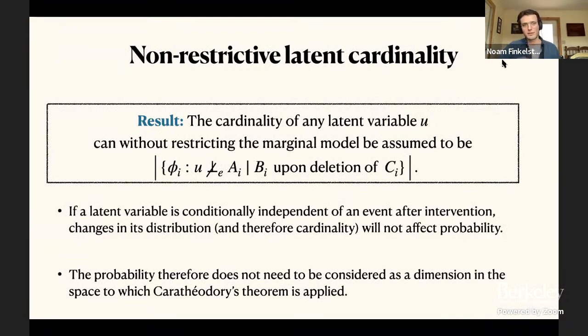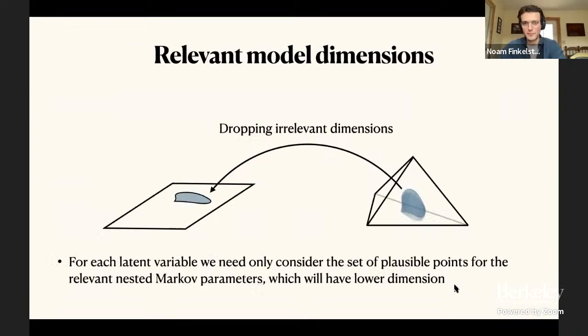The idea, again, is just that if the latent variable is conditionally independent of an event after intervention, changes in the distribution of that variable, and therefore the cardinality, are not going to affect the probability, so they're not going to affect the nested Markov parameter. As a result, that dimension of the model doesn't need to be considered as a dimension of the space to which Carathéodory's theorem is applied.